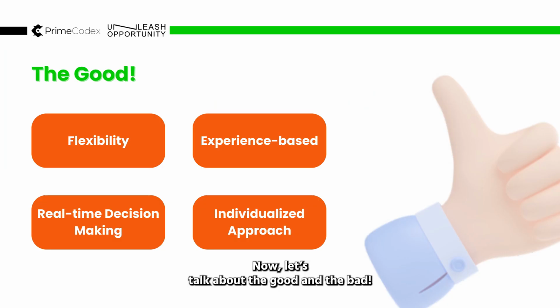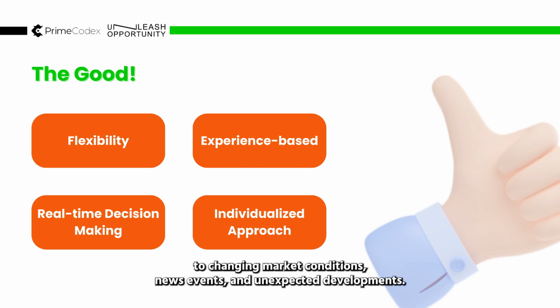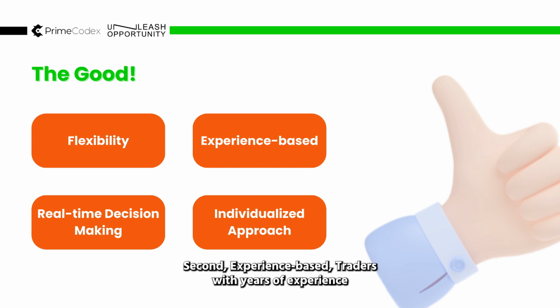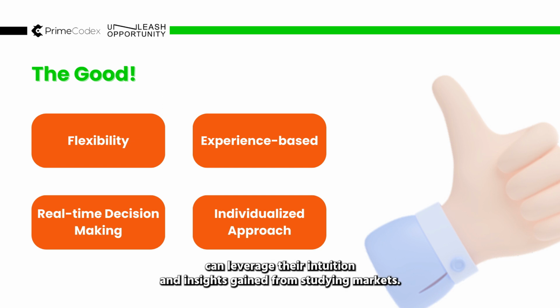Now, let's talk about the good and the bad. The good. First is flexibility. Discretionary traders can adapt to changing market conditions, news events, and unexpected developments. Second, experience based. Traders with years of experience can leverage their intuition and insights gained from studying markets.